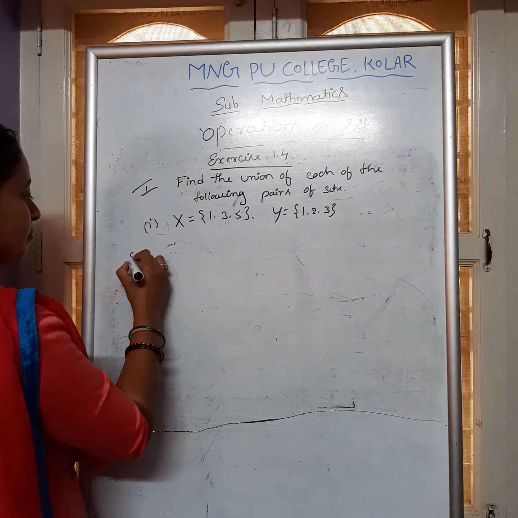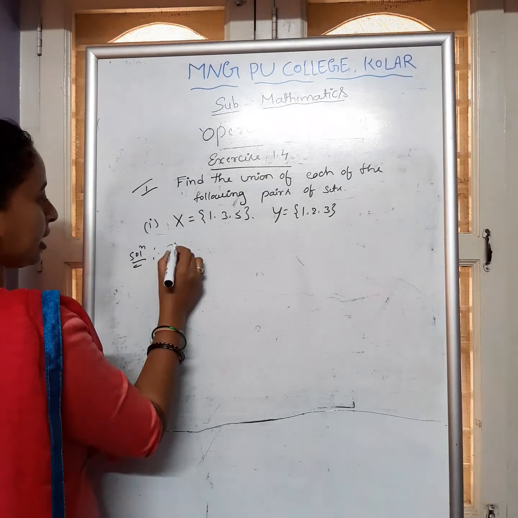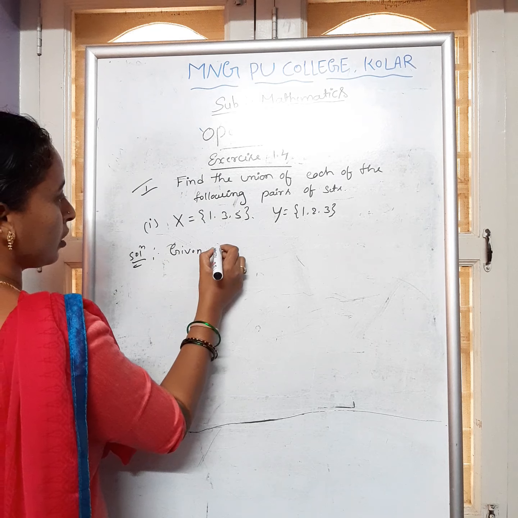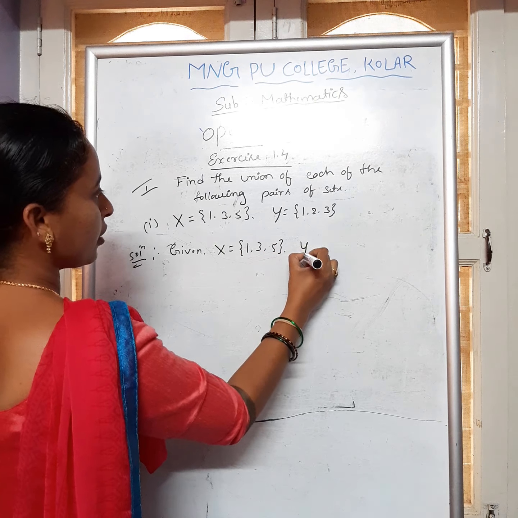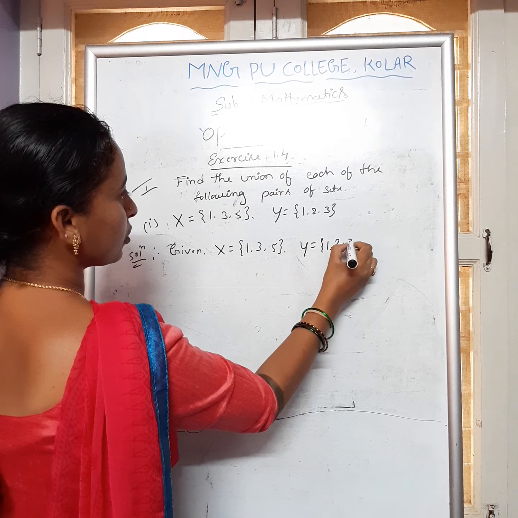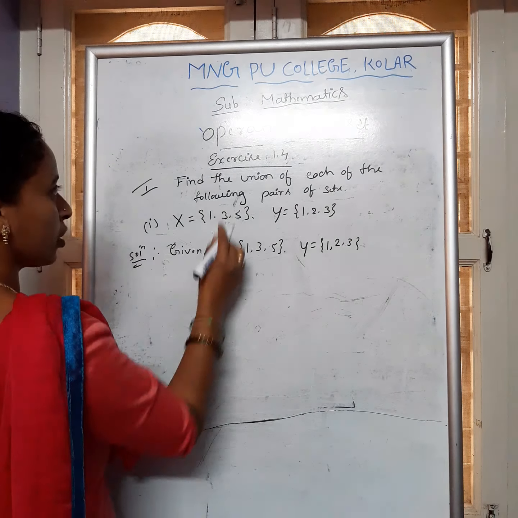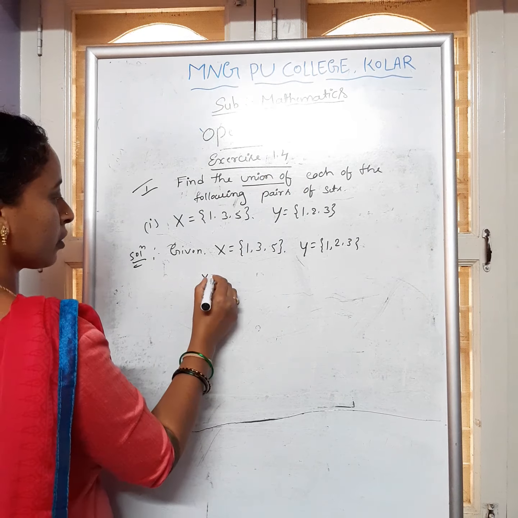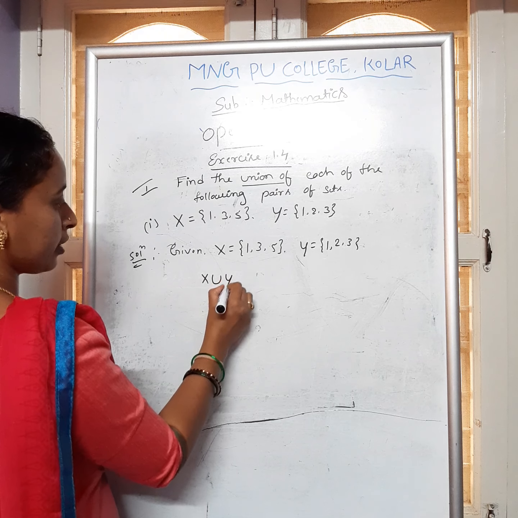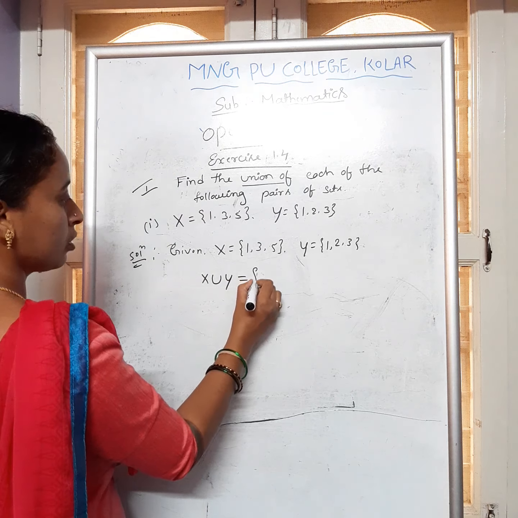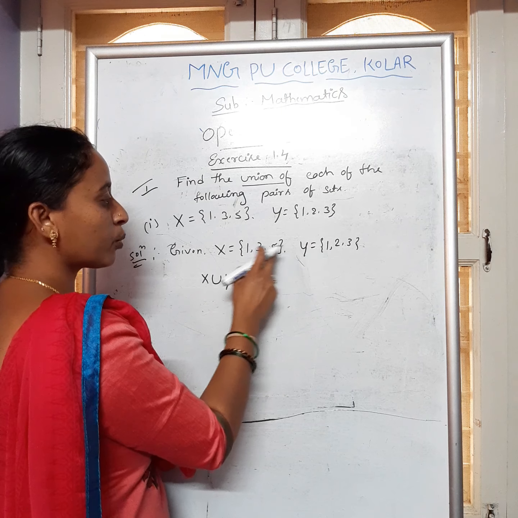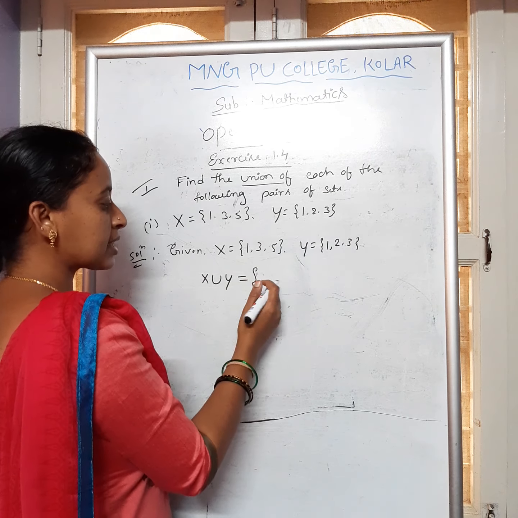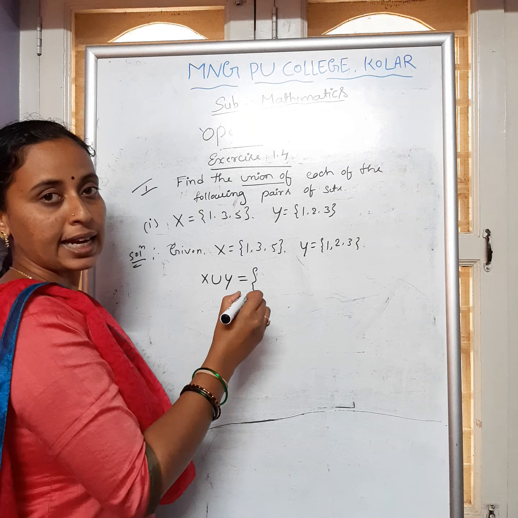So, solution. First write the given: X = {1, 3, 5} and Y = {1, 2, 3}. Take X union Y. Union means all the elements that are there in both sets are collected in the X union Y set.